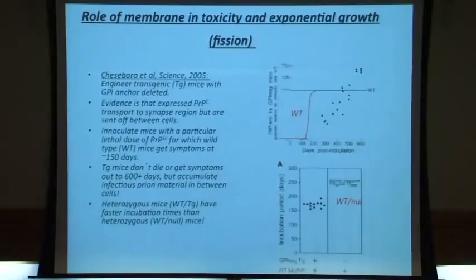Let me see if I understand. Is it known whether the polarization of the membrane is somehow important for the toxicity? Is that the question? Or did I misunderstand? Whether the aggregation process has a polarity itself. Oh, you mean if you get polar aggregates?